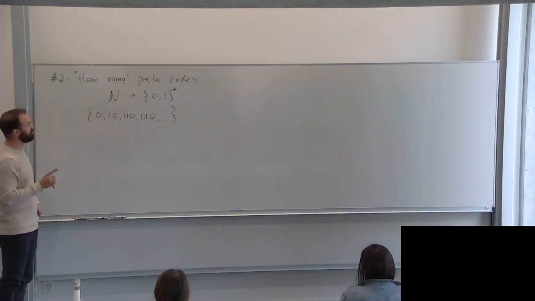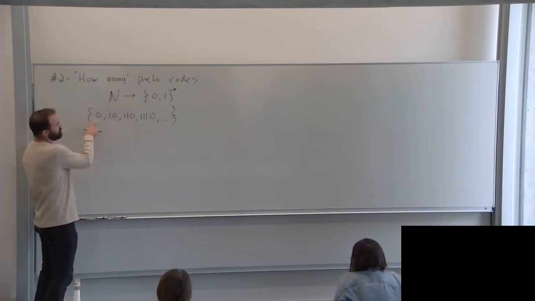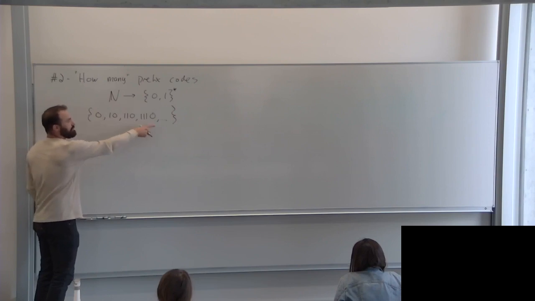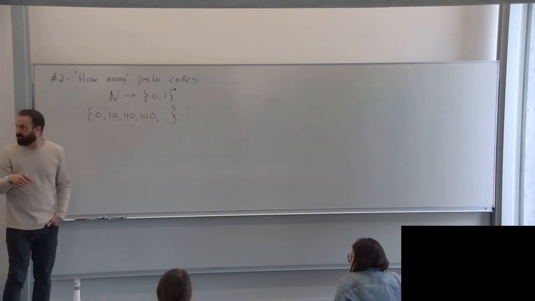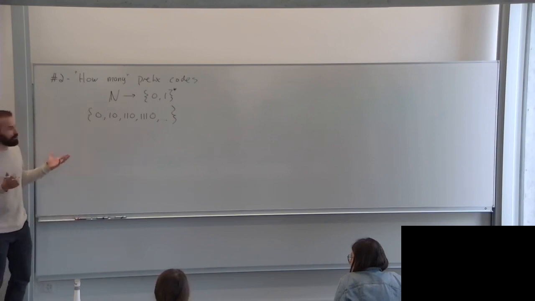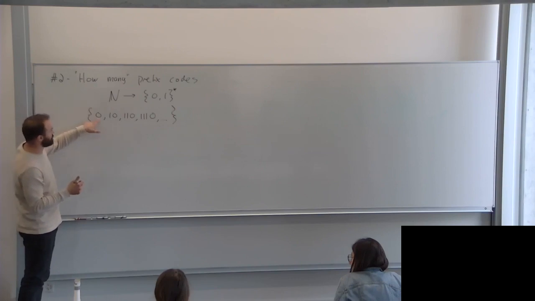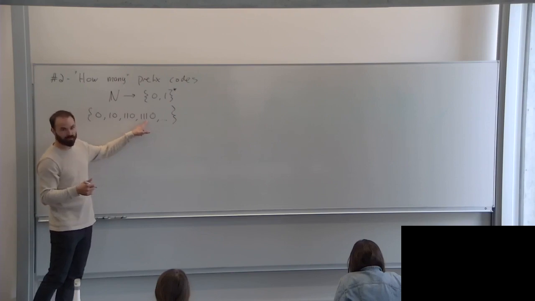We can still see that there's uncountably many. Why? Well, technically this is not a prefix code, right? This set here, hi Jacobo. It's a set of code words. But we have a natural prefix code, which would be to map 1 to this code word, map 2 to that code word, 3 to that code word, 4 to that code word, and so on.